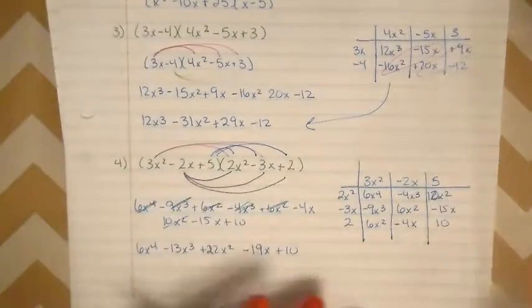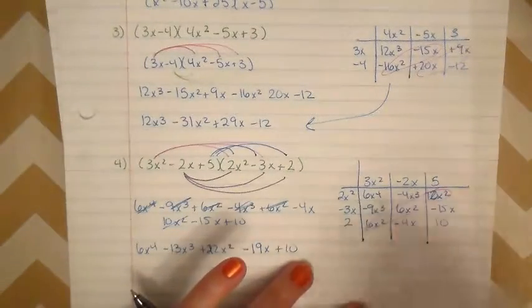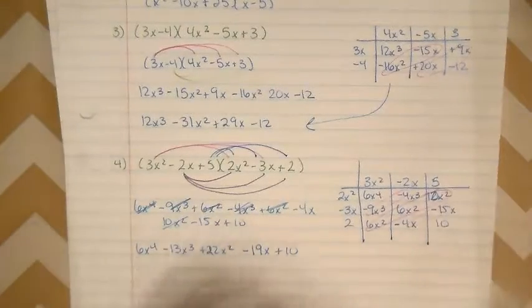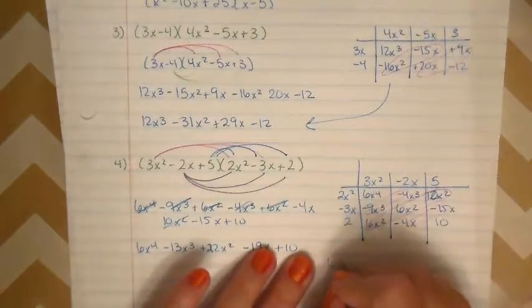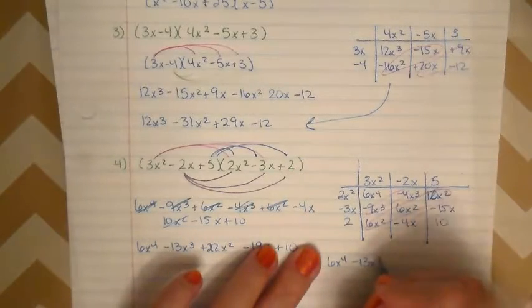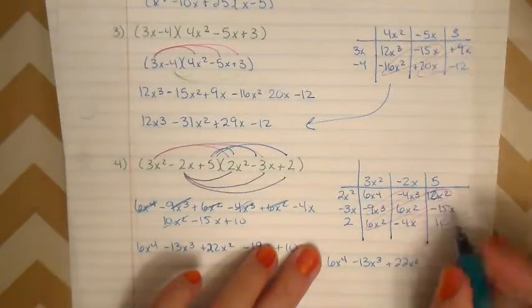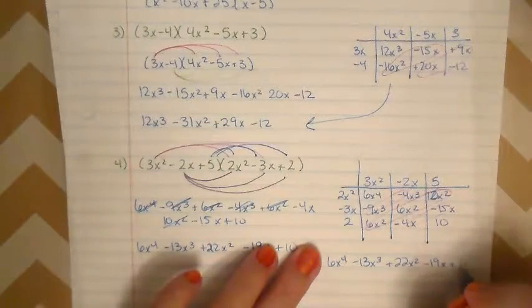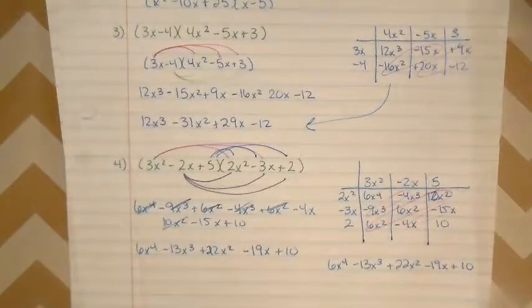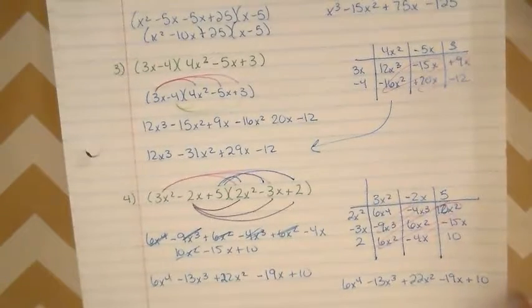And you can see here, I wouldn't have made that mistake of missing that 10x squared because they're all lined up on my diagonals. 9 and 4, 6, 6 and 10, negative 4, negative 15, and then 10. So it's a matter of preference. One way is just as good as the next.